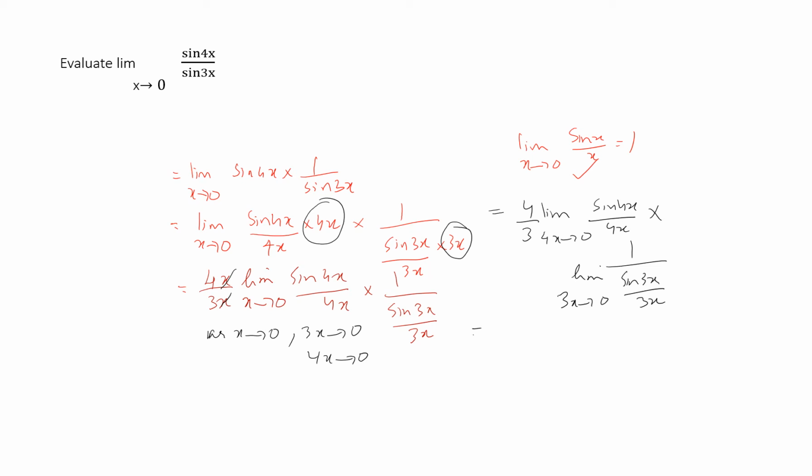So now we can apply the value. 4 by 3 into limit 4x tends to 0, sin 4x by 4x is 1. Again, here also the denominator will become 1. So this is 1 by 1. So 4 by 3 into 1 means 4 by 3. So the answer is 4 by 3.